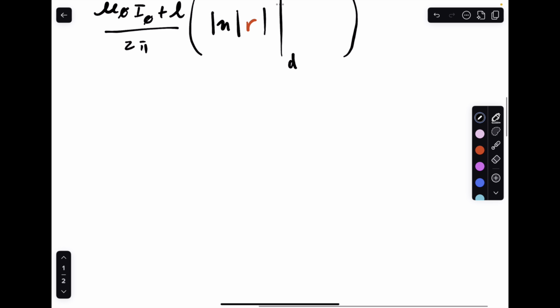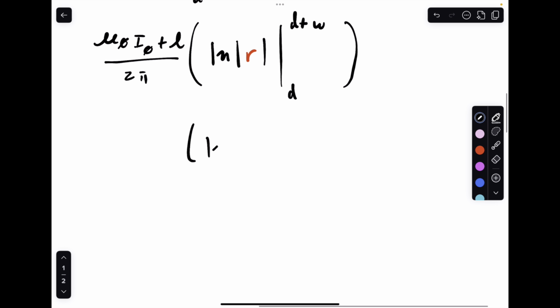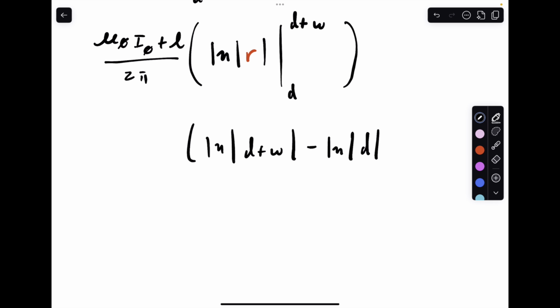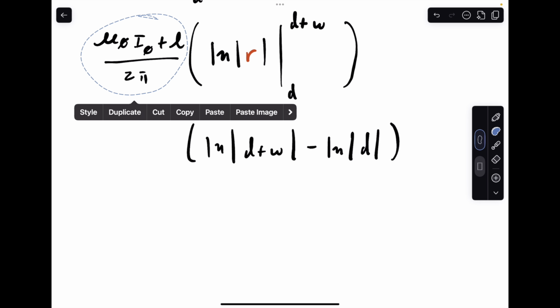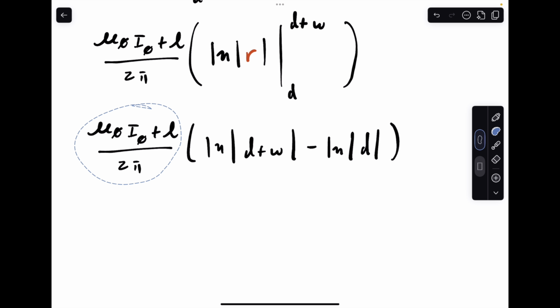And I'm going to clean up this left-hand side a bit by using the fundamental theorem of calculus to evaluate all of these things. So ln of d plus w minus ln of d, because this is how calculus works. And I'm a little lazy, so I'm going to copy these constants down here.